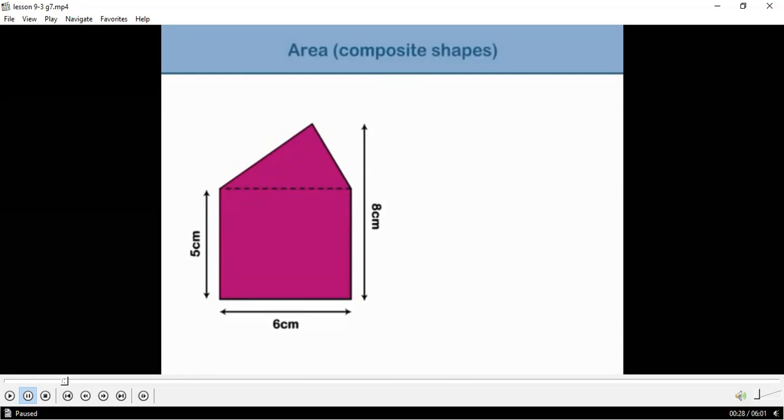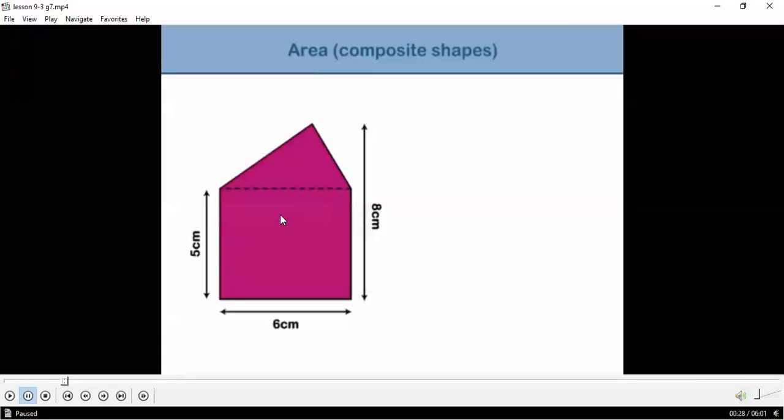No. Then when we have different sides, it will be a rectangle, right? So the first one, this is 6, and this is 5. So we have a rectangle, and on the top we have a triangle.